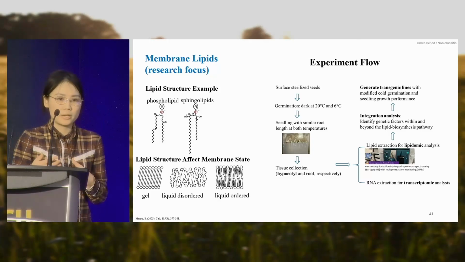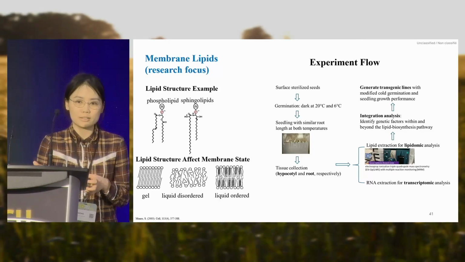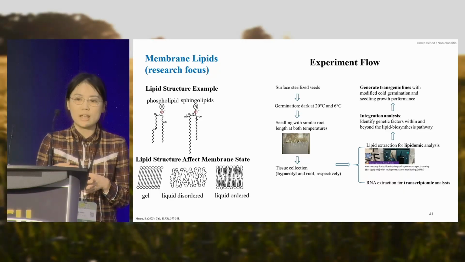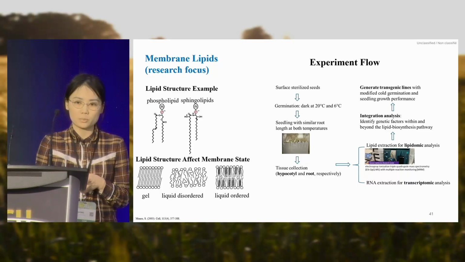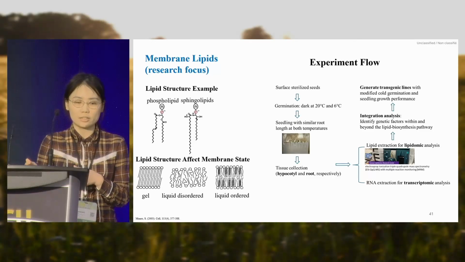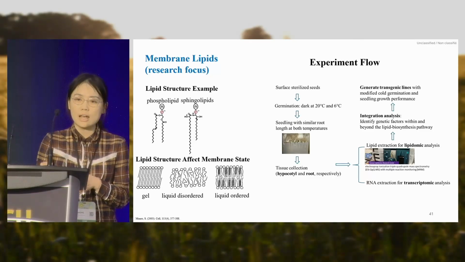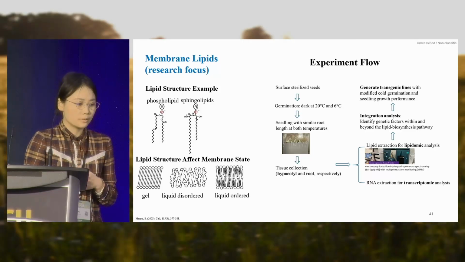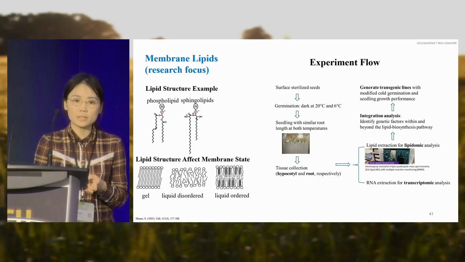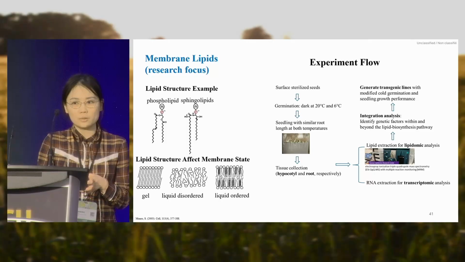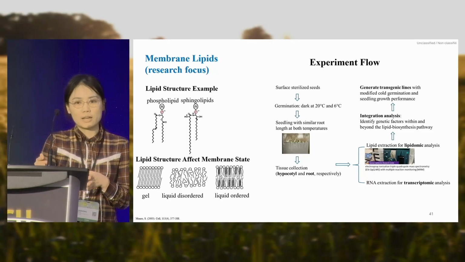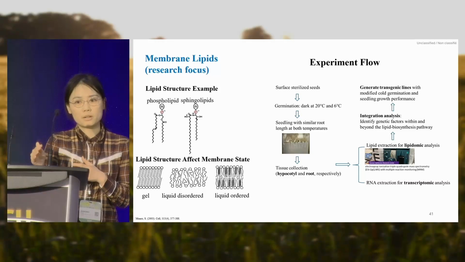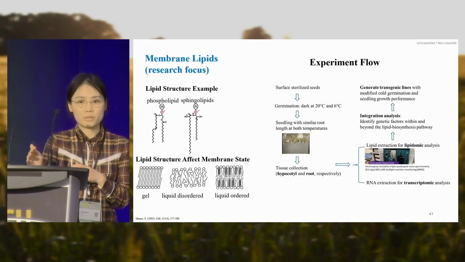Our germination process was conducted at normal temperature and cold temperature, and the whole germination process was conducted in dark conditions to exclude the effect of photosynthesis. For the seedlings, we regard seedlings with similar root lengths at both temperatures as being at a similar, comparable developmental stage.